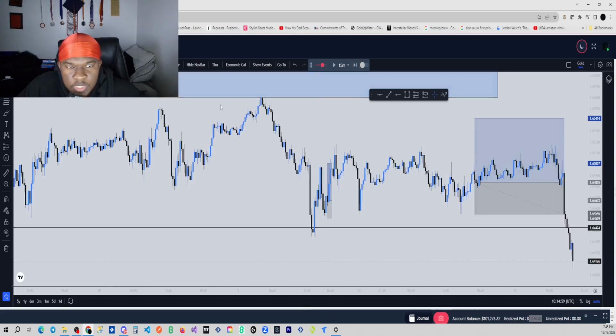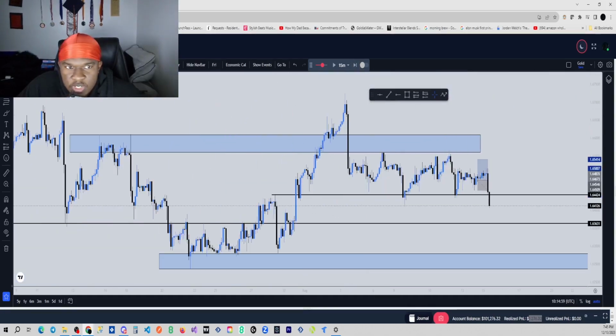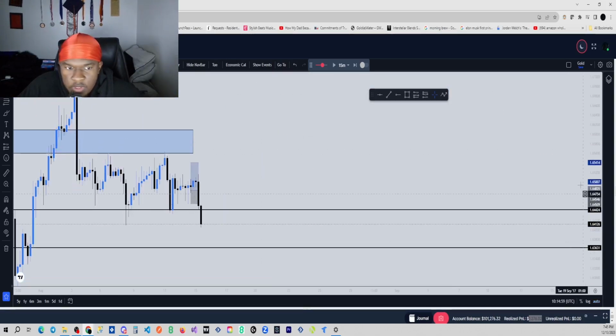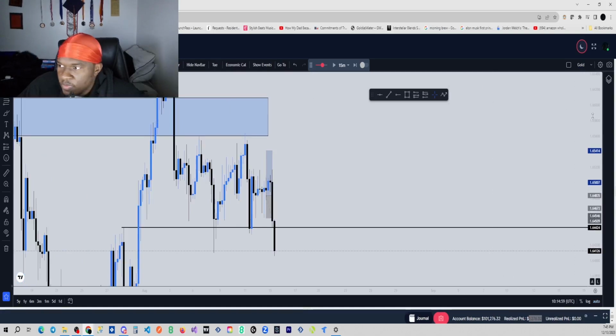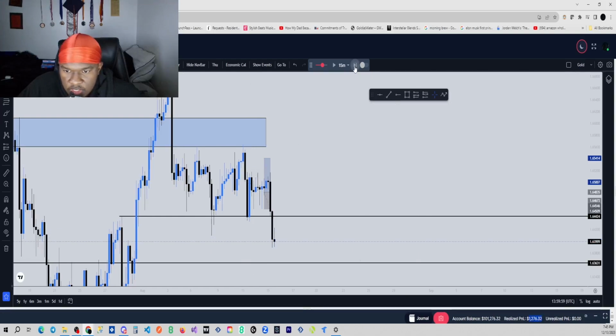So let's go back to the 2 hour. I'm still bullish until price starts breaking down more. Let's see. All right, now we're still looking for buys.